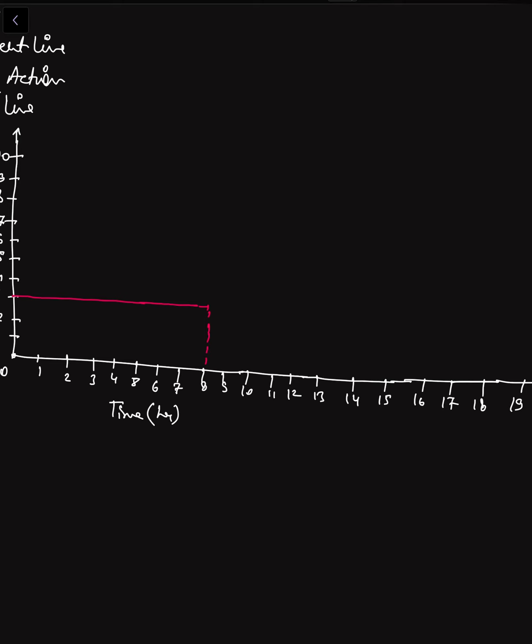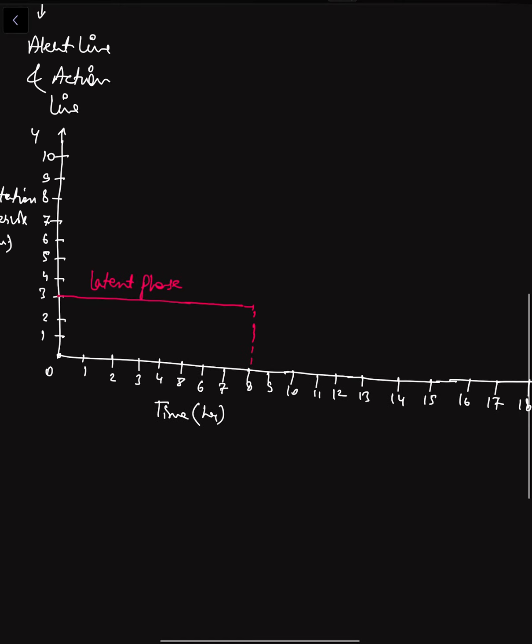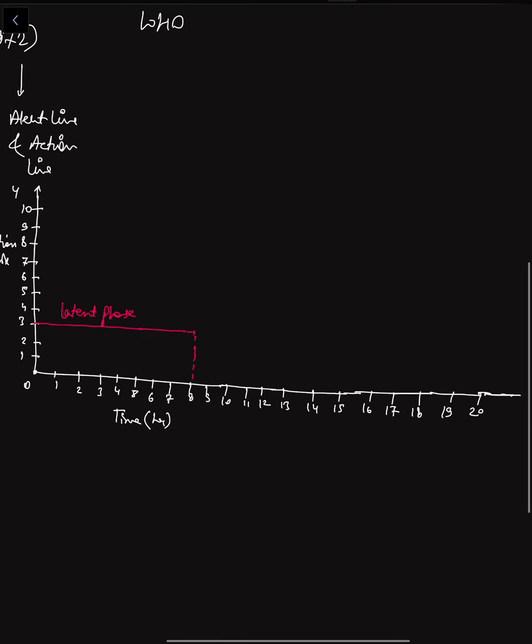Eight hours is the last point for latent phase. So from 8 hours we draw the alert line. First we make the point.